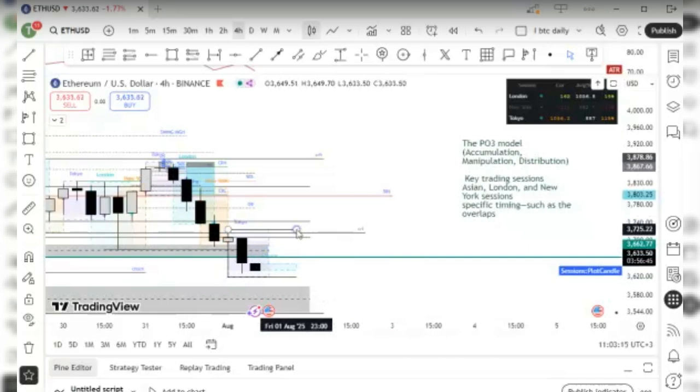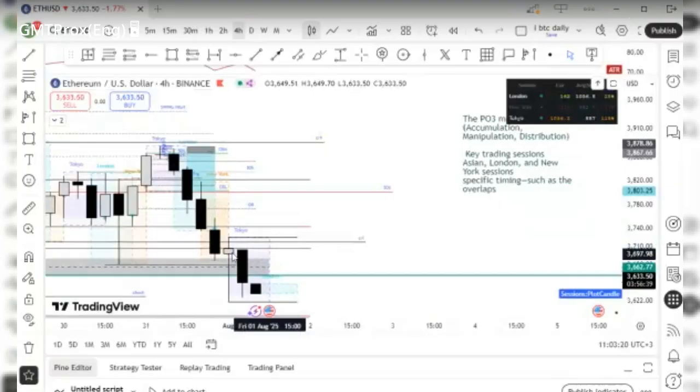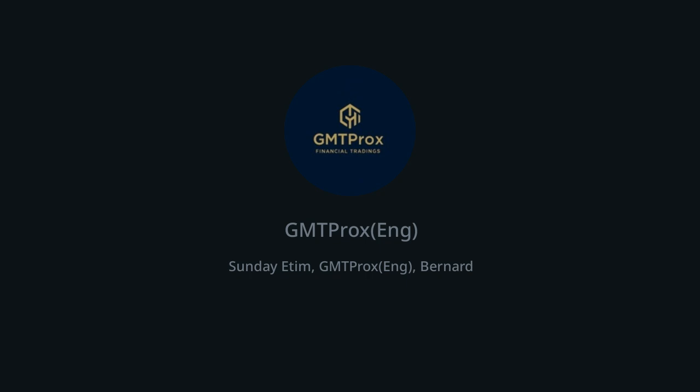Okay, so this is our 4 hour. What kind of candlestick is this? Okay, this was bearish. So this is our low, and this is our high.